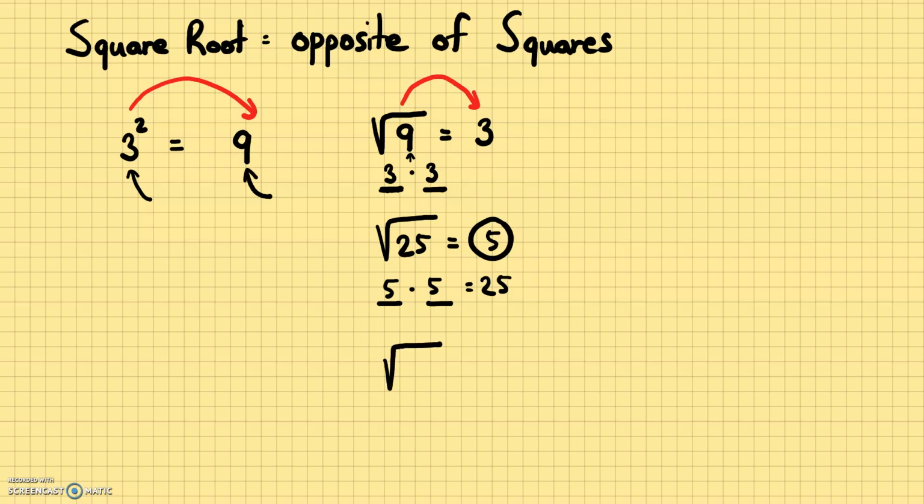Square root of 64. Okay, which two numbers, when multiplied with itself, gives you 64? And the answer would be 8. Okay, 8 times 8 gives you 64. So the square root of 64 is going to equal 8.